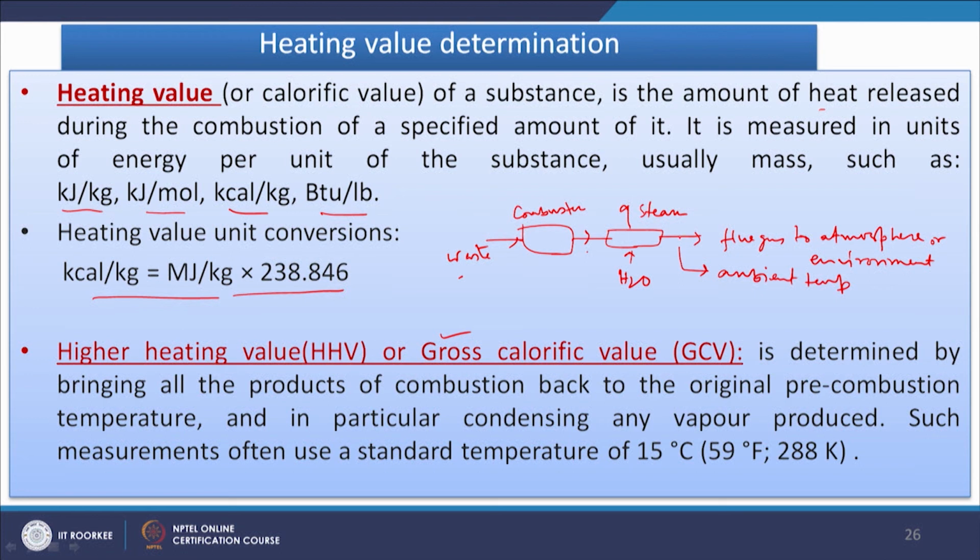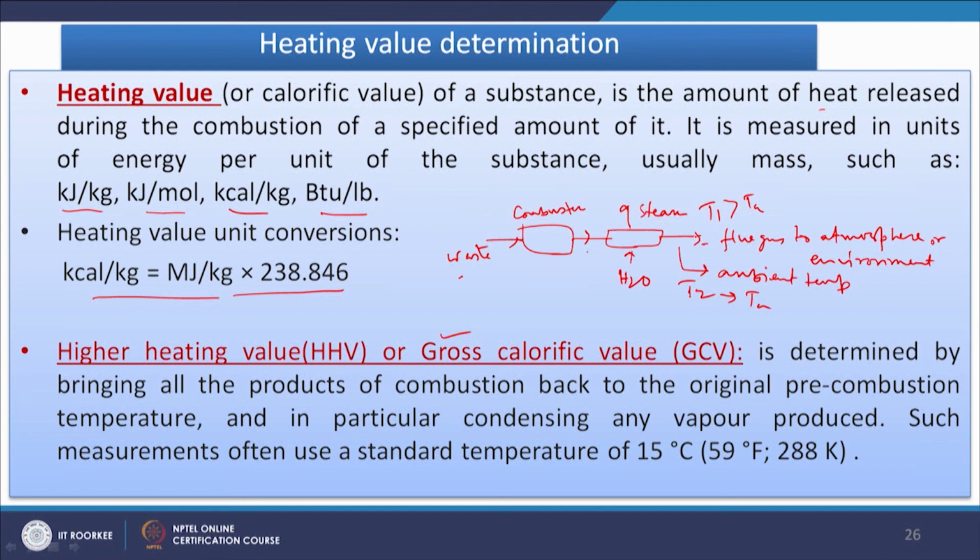But if this flue gas is getting into the environment at higher temperature, so this is your T1 and this is T2. T2 is your ambient temperature Ta, and if T1 is greater than Ta, in that case some amount of energy is still associated with the flue gas coming into the environment, and we are not able to take that heat out for our useful application.